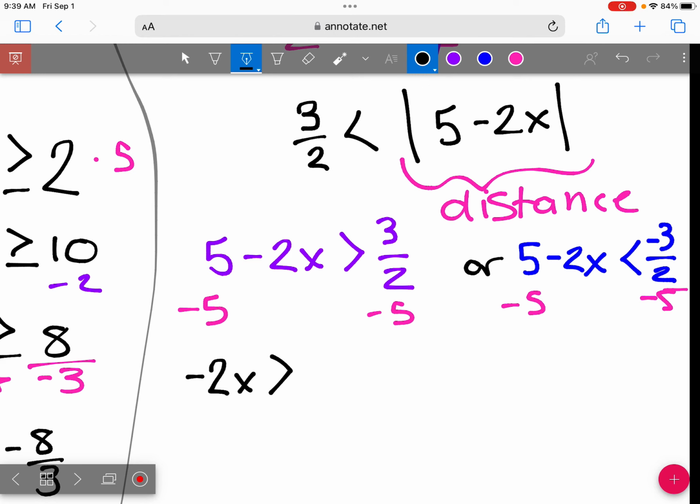So 5 in terms of 2, so it's 10 halves. So 3 minus 10 halves becomes negative 7 halves. Or minus 2x is less than minus 13 halves. Common denominator. Probably the easier way to do this since we don't have calculators.